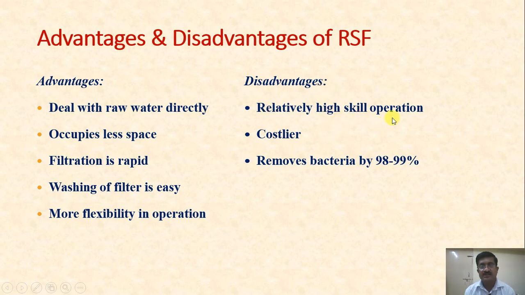It requires relatively high skill operation. During all these valve operations, understanding the backwashing process requires skill. It is costlier, the initial cost is more, and removal of bacteria is 98 to 99%.